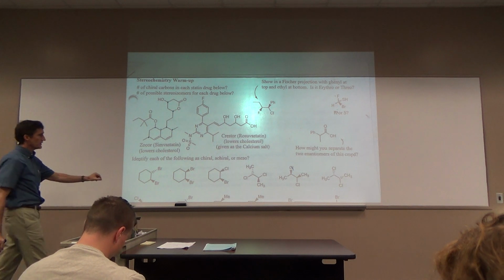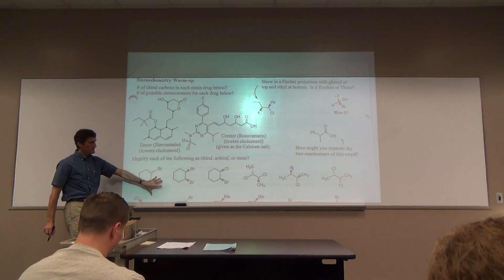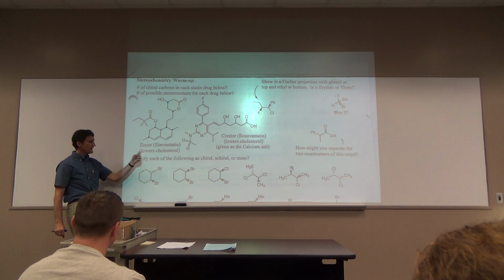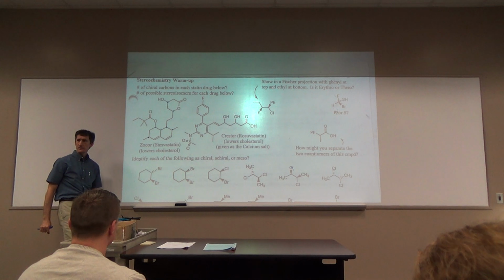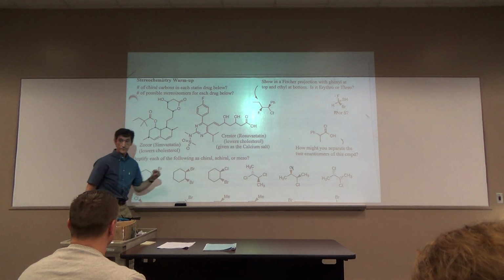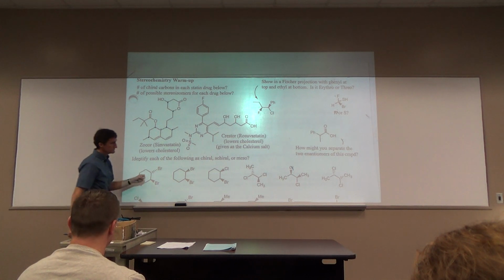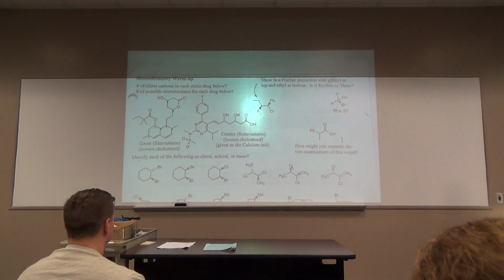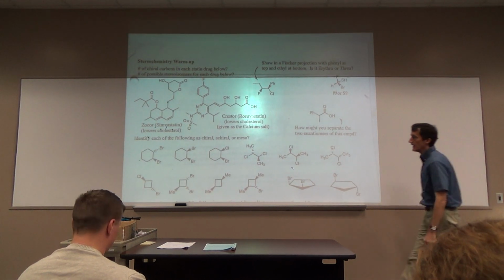Let's look down here because I wouldn't expect you to just do these. Some of these, yes, but I need to show you a few things about these. Identify each of the following as chiral, achiral, or meso. Achiral, of course, meaning not chiral. First one. Chiral. What's the answer there?